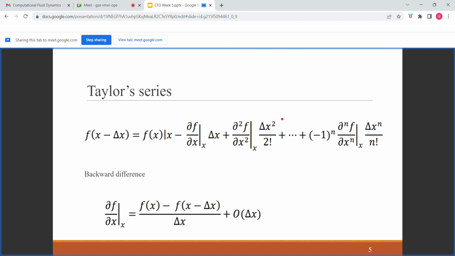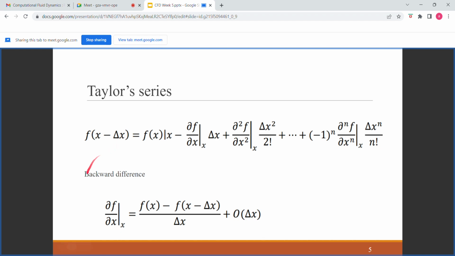Again it would be like minus. When n is odd, we will be getting a minus, like dou f by dou x and dou cube f by dou x cube. In all these places, we will be getting a negative sign if we are using the Taylor series to expand it backward, f of x minus delta x.